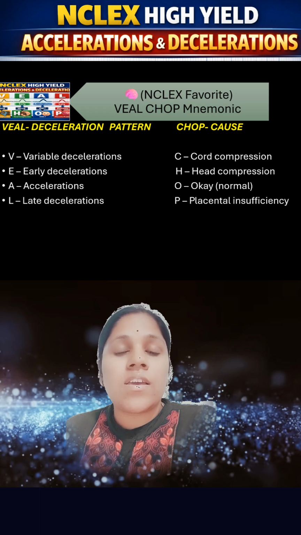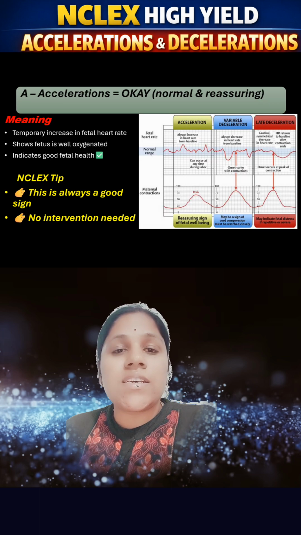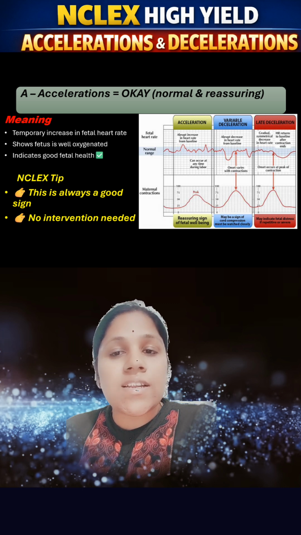A is acceleration. Acceleration means it is OK in the cause, which is normal and a reassuring sign. It means a temporary increase in the fetal heart rate above the baseline heart rate, sustained for 10 to 20 seconds. This shows the fetus is well oxygenated and indicates good fetal health.